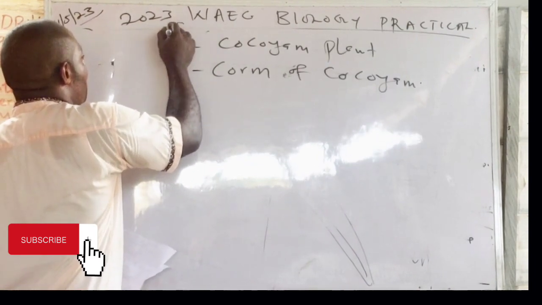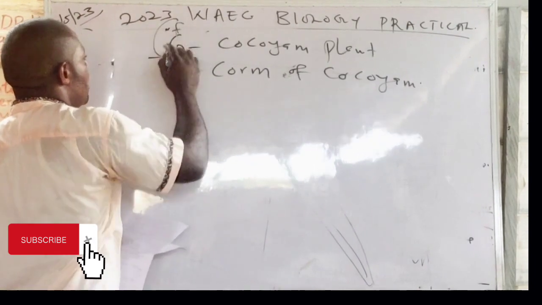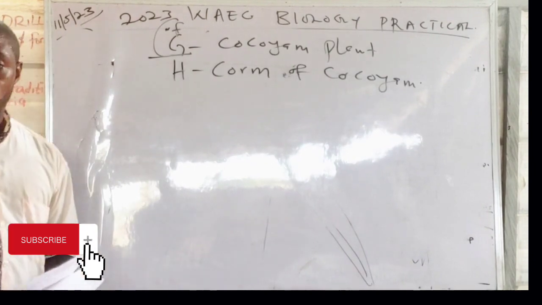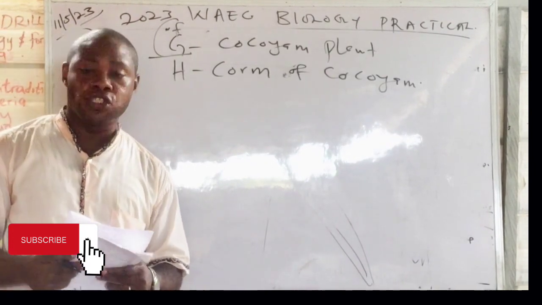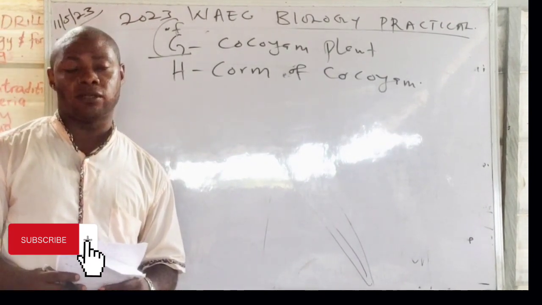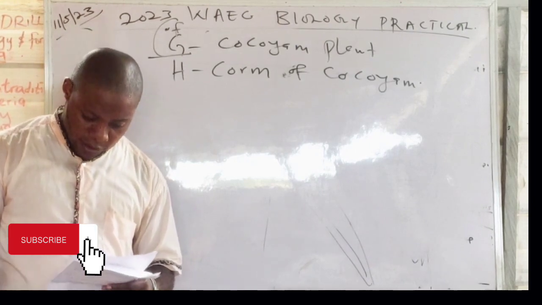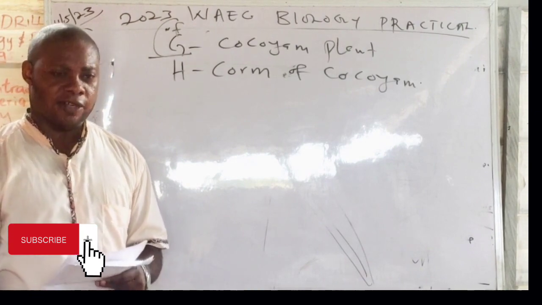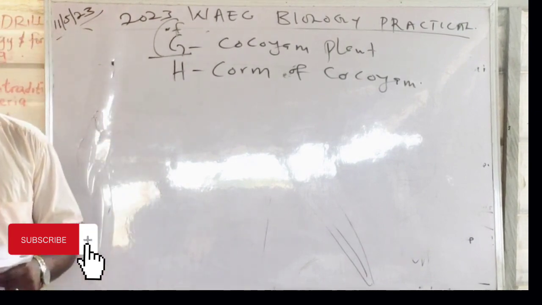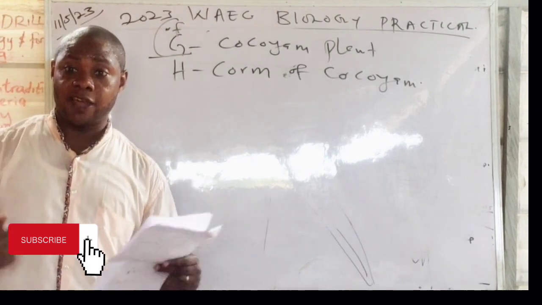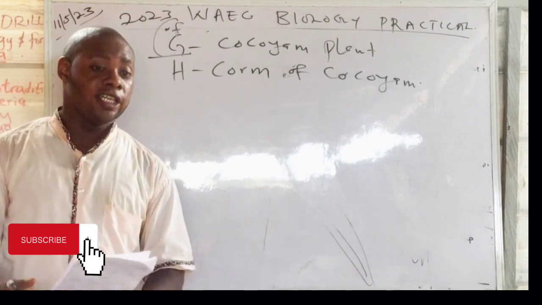Now, what about F and G? I forgot to talk about their ecological zone. Now, what's the ecological zone of G? Where do you think G can be mostly found? The guinea grass, right? Savannah. No, they cannot really be found in savannah. They can be found in the tropical rainforest. If you see where there is heavy rainfall, you see a lot of guinea grass everywhere.